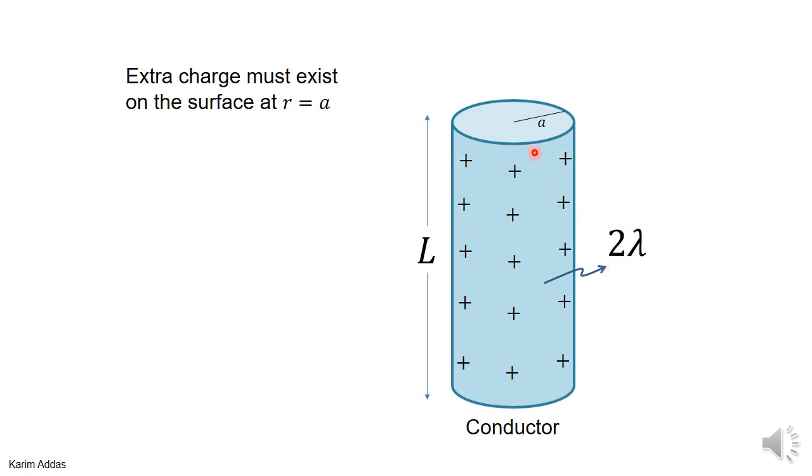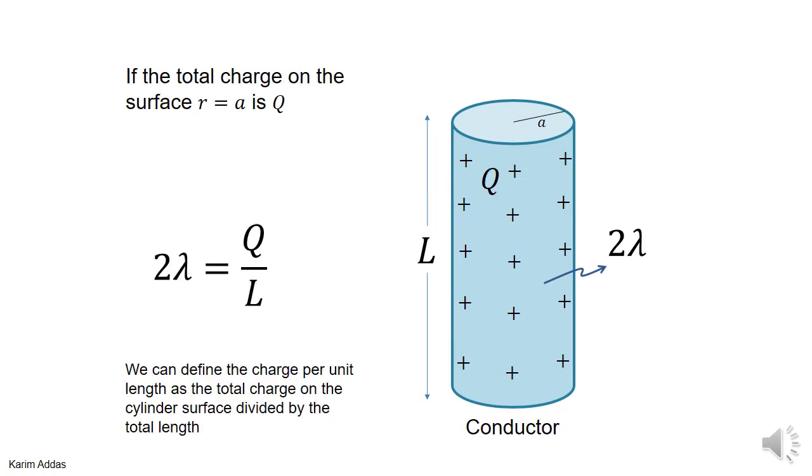It means if I go a certain length L on the conductor and I calculate the total charge on the surface down this length L, and it turns out to be, for instance, Q, then Q over L is the charge per unit length. And in the problem, it's given as a value of 2 lambda.